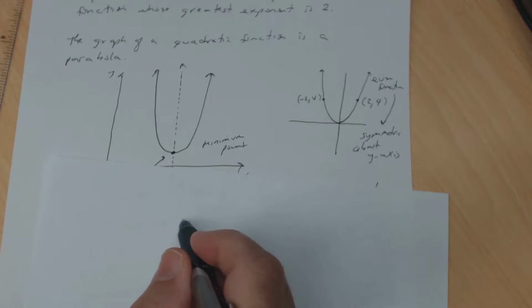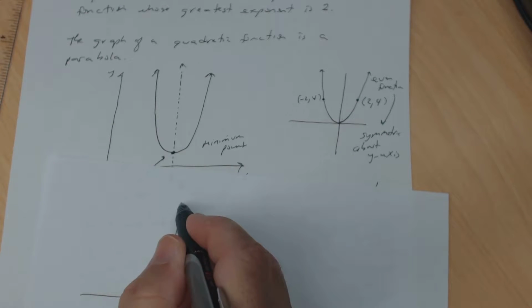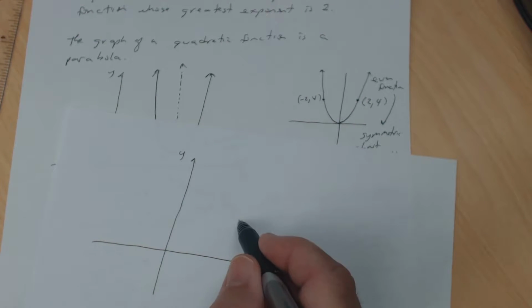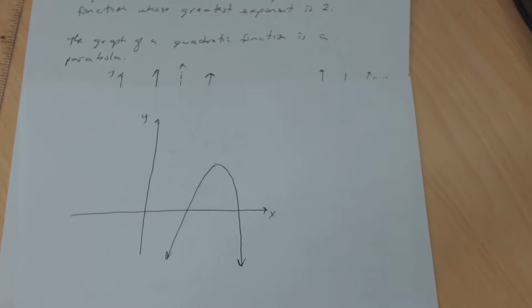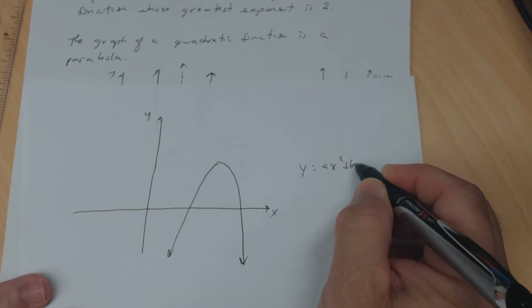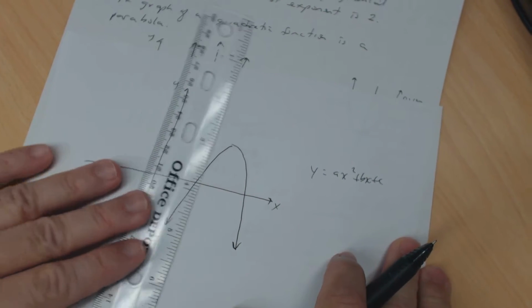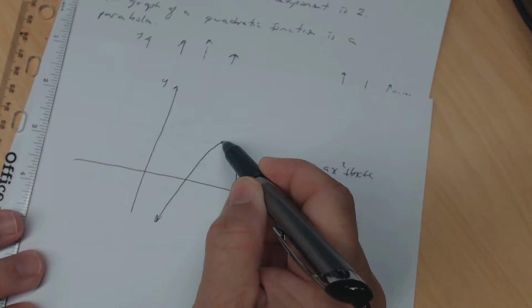So let's say we had this. Here's my x-axis, here's my y-axis, and let's suppose that the parabola does this. It opens down, and remember this is y equals ax squared plus bx plus c, or f of x. Again, remember this is called the maximum point.